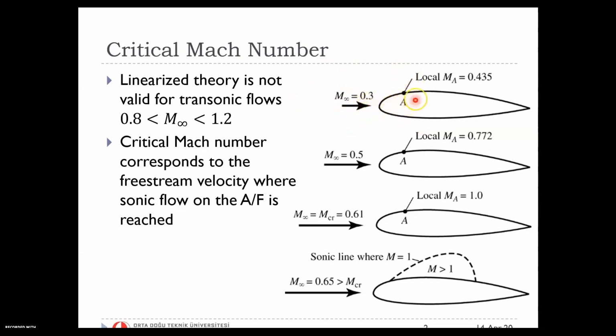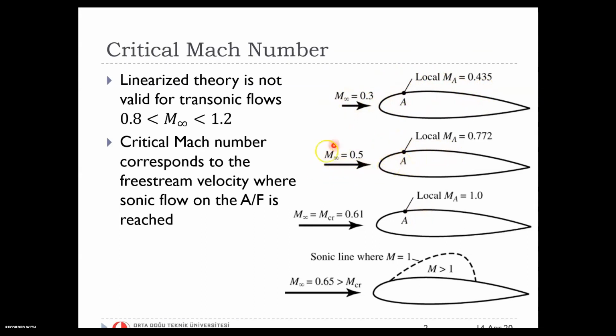And at this minimum pressure location, we reach some higher Mach number than the free stream Mach number, as you can see here. The free stream Mach number is 0.3. However, at the minimum pressure location, we have approximately 0.44 Mach number on the upper surface. As the free stream Mach number increases, the local Mach number obtained at the minimum pressure location increases as well.